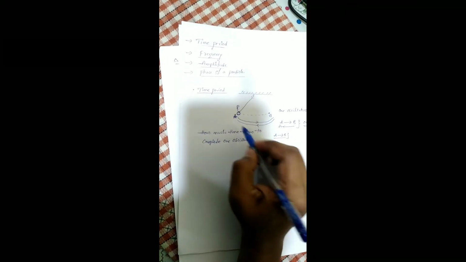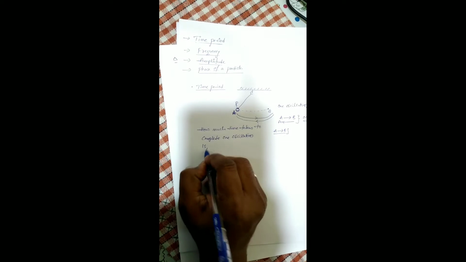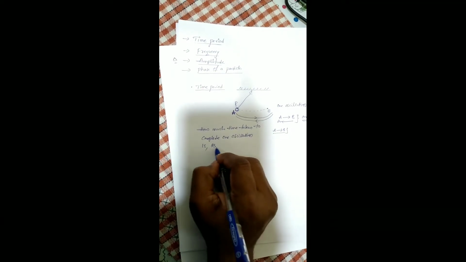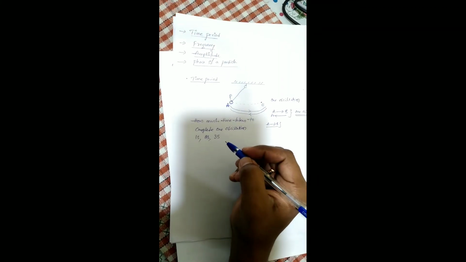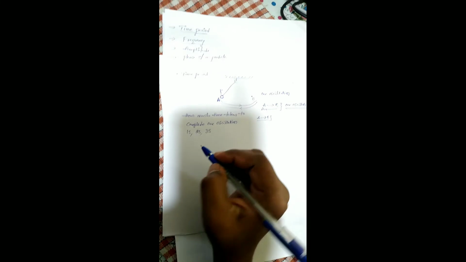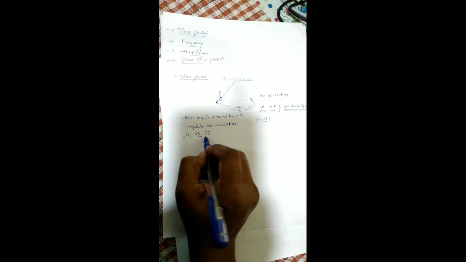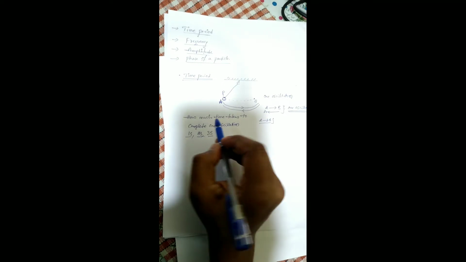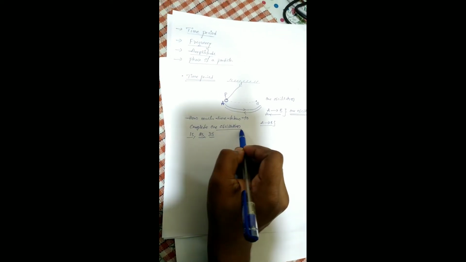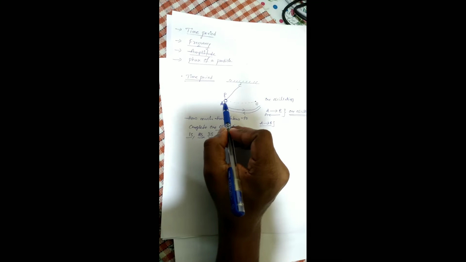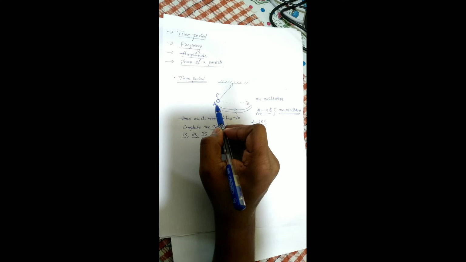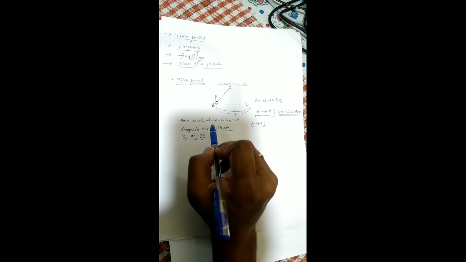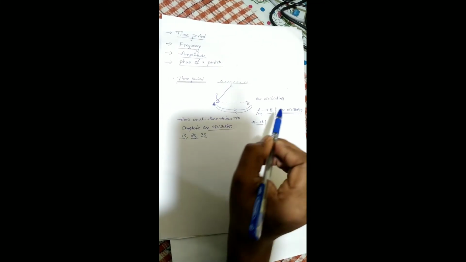To complete one oscillation, maybe the time taken is 1 second, maybe 2 seconds, maybe 3 seconds. One oscillation means the body moves from A point to B point, and again returns back to A position.